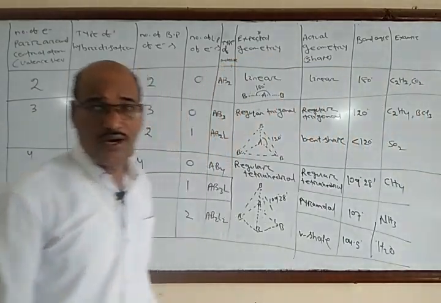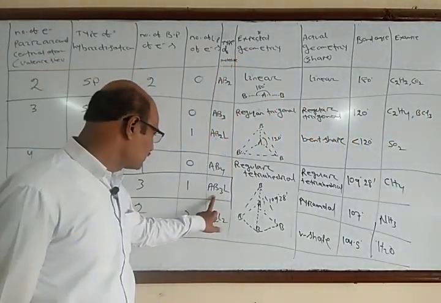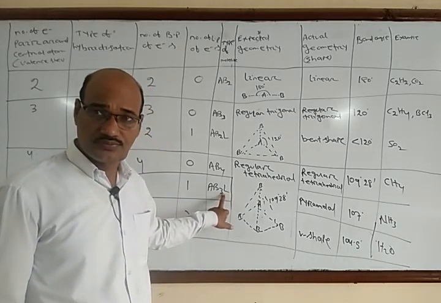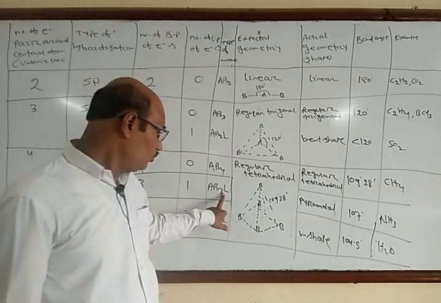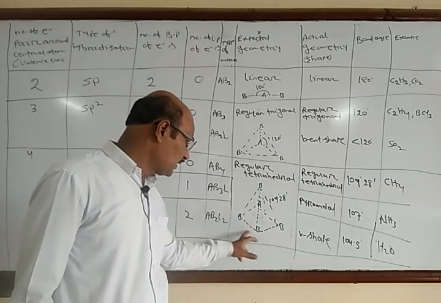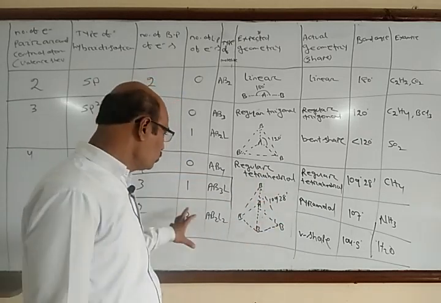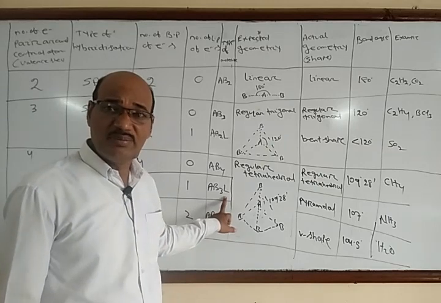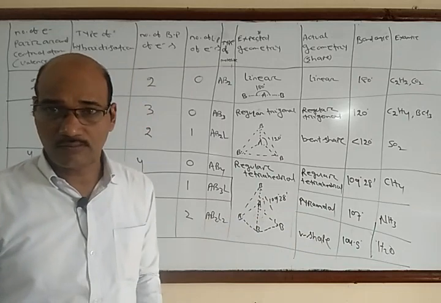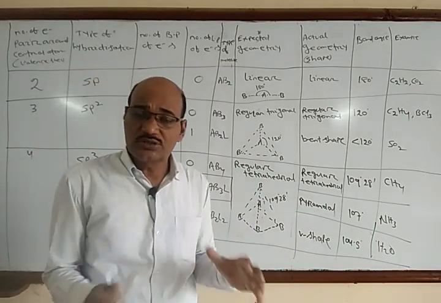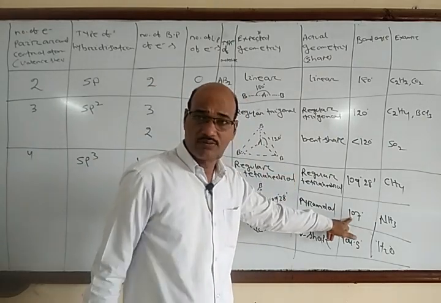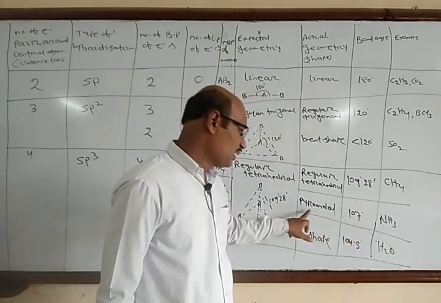So why does it happen? Here in this case, AB3L, we have 3 bond pairs and 1 lone pair. Though the 4 electron pairs are arranged in space in the regular tetrahedral manner, due to the presence of this 1 lone pair, there will be lone pair-bond pair repulsive interactions. Due to this repulsion, the bond angle will reduce to 107 degrees, and the shape will become pyramidal.